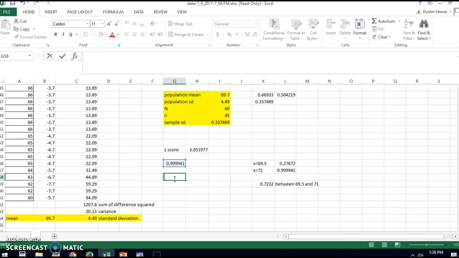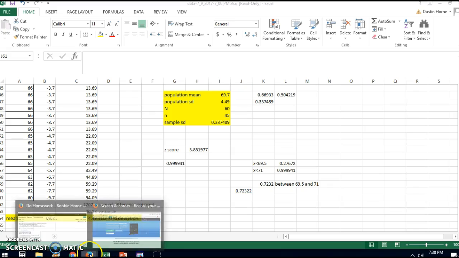So what we need to do is take the probability all the way up to 71, which includes the probability of 69.5. We want to take out the area before we got to 69.5. So what we do is we take the difference, and that will give us the area in between, which is 0.7232.